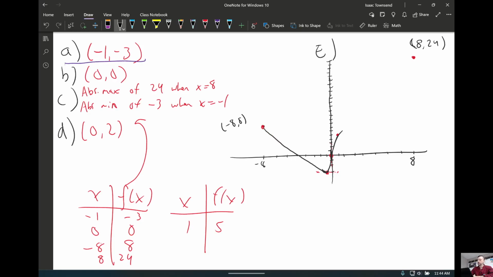And I know this point up here as well. Actually, this is concave up, so I should try to make it look concave up. I know that's concave up because the only times it was concave down was 0 to 2. But the rest of the time should be concave up.